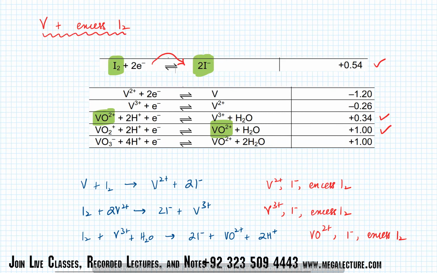Then who's going to lose electrons? The lowest one, right? So the lowest one is at the moment 0.34. So V3 plus is going to lose electrons. I don't have V3 plus, so I'm going to get rid of that. Then who's the lowest? 0.54, that's the lowest.